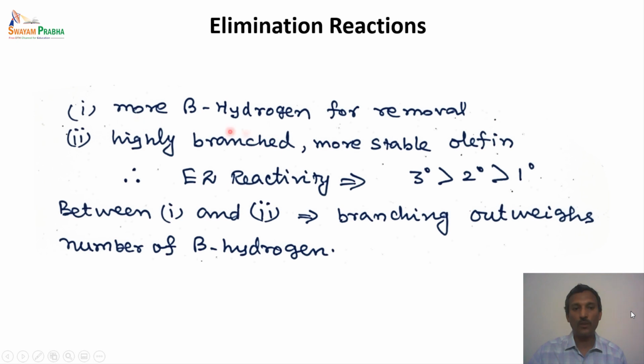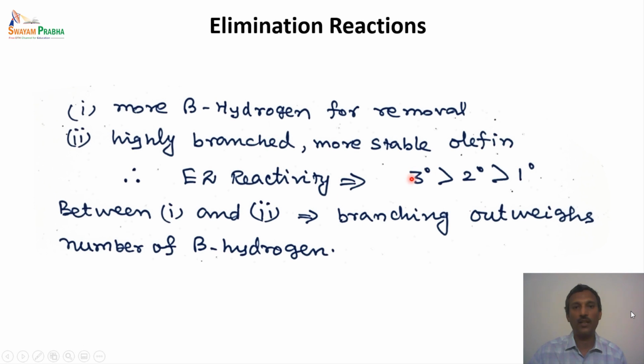So we can conclude that if more beta hydrogens are available for removal, then the product is formed in large amount, and the highly branched one is the most stable olefin, and that is what is found in most of the cases. So the E2 reactivity is like this.